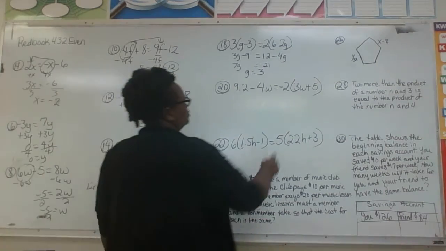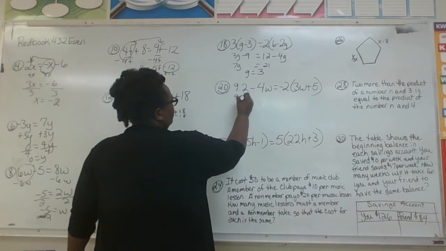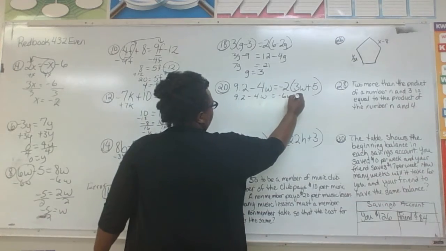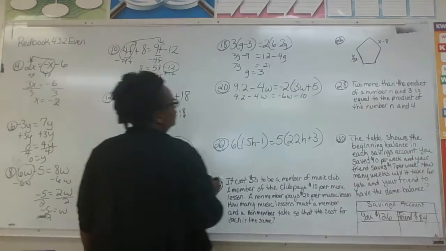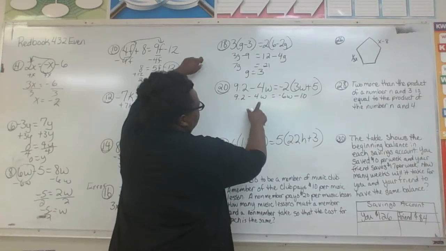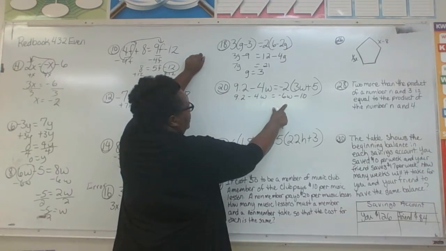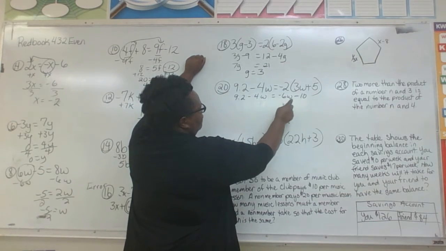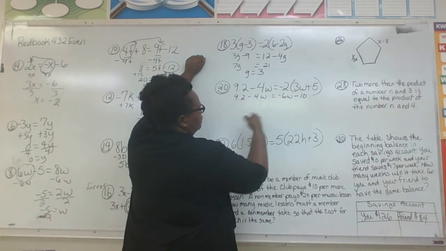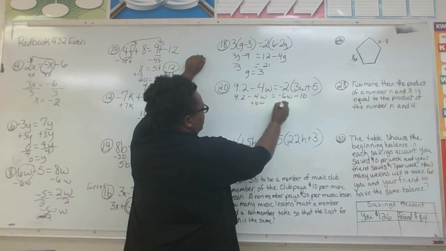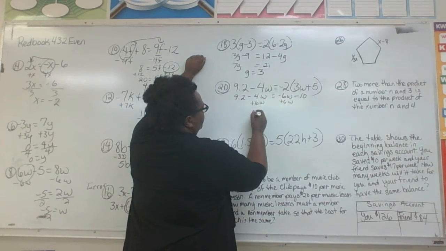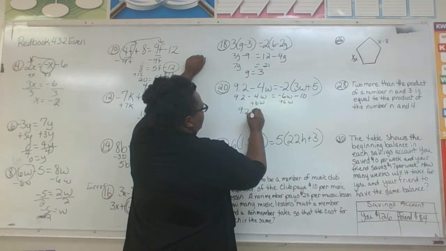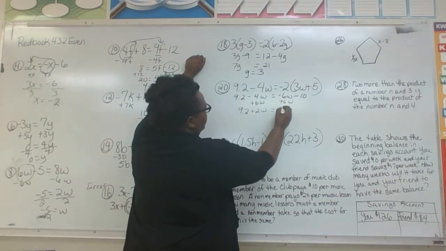Here, we're going to do the distributive property. 9.2 minus 4w equals to negative 6w minus 10. Okay, now we're going to move the 4 to this side, okay, or the 6 to this side. All right, if we move the 6 to this side, we have more positive than negative if we do that. So let's do that. Positive 6w, and now we have 9.2 plus 2w equal to negative 10.